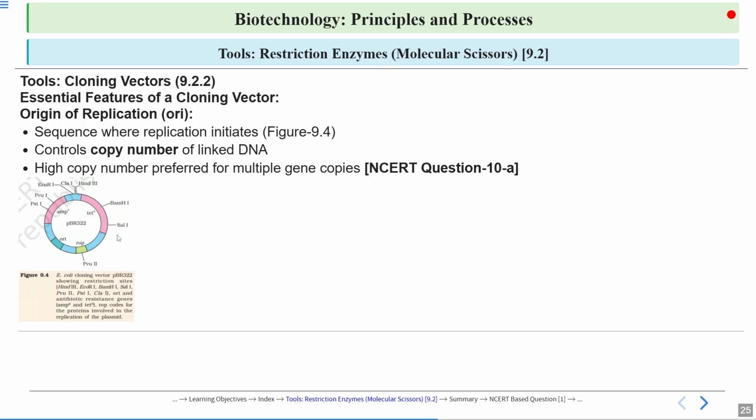This is for BamHI, SalI, HindIII, ClaI, EcoRI. This region is tetracycline resistance, and this gene is ampicillin resistance. This is the ori, the origin of replication.